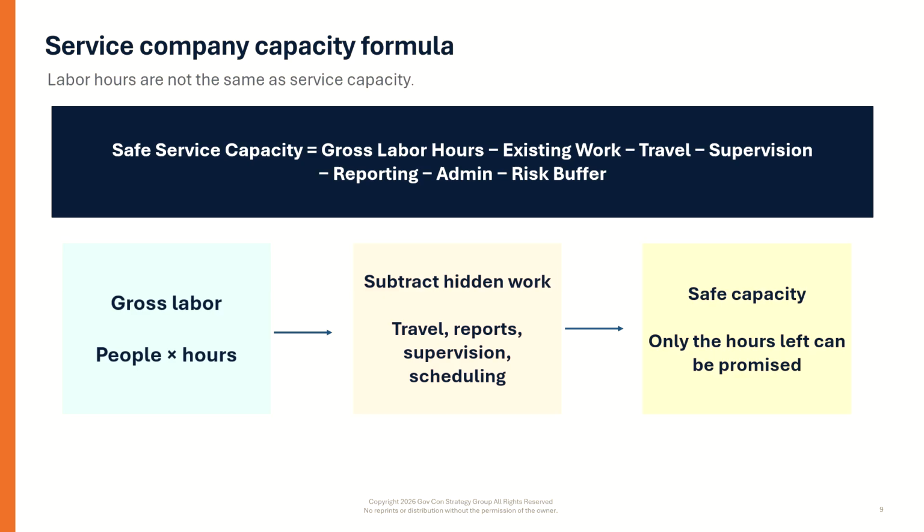Travel, reporting, supervision, scheduling, administration, existing customer commitments, and a risk buffer all reduce the hours you can safely promise. The hours left after those deductions are your safe service capacity. That is the number you should use before you bid. Not the perfect schedule. Not the fully staffed fantasy version. The real number left after the business accounts for the work required to actually manage and deliver the contract.